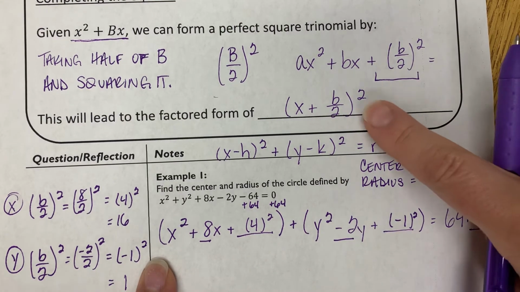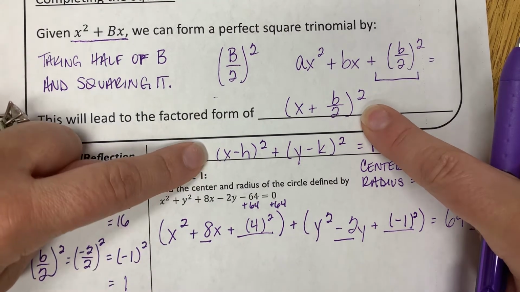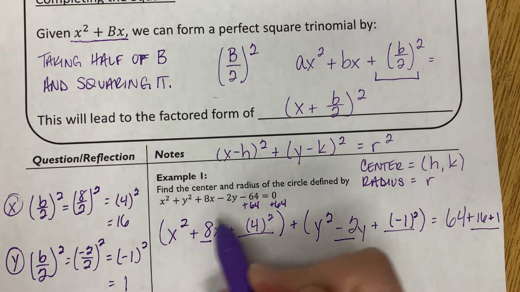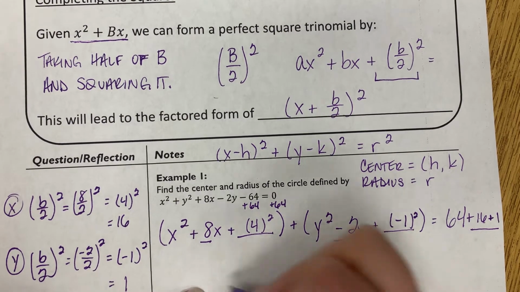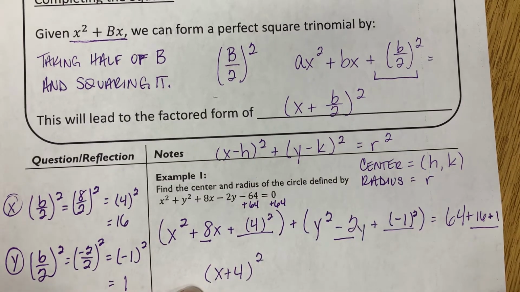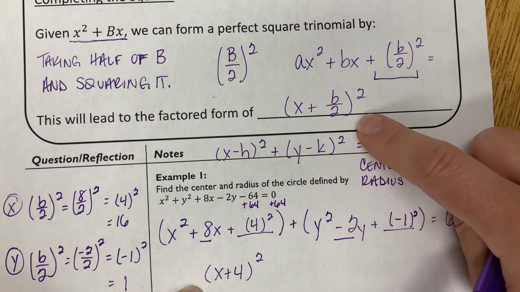So just like we saw in our notes, we're going to write it in the factored form so it looks like our equation that we're trying to get. So I'm going to say x plus my b divided by 2, which was 4, squared. Okay, so we took this and we made it look like that.